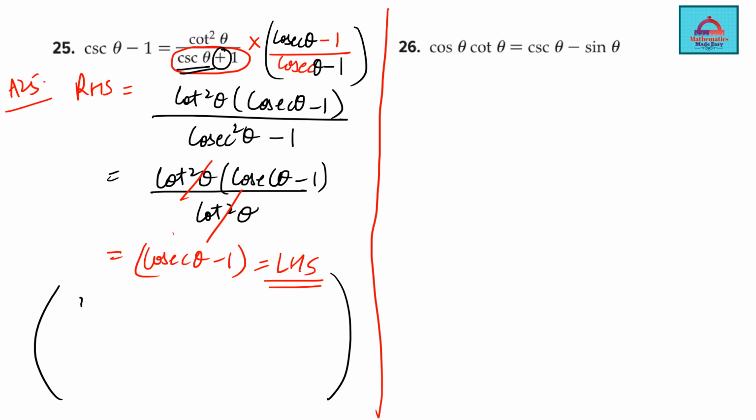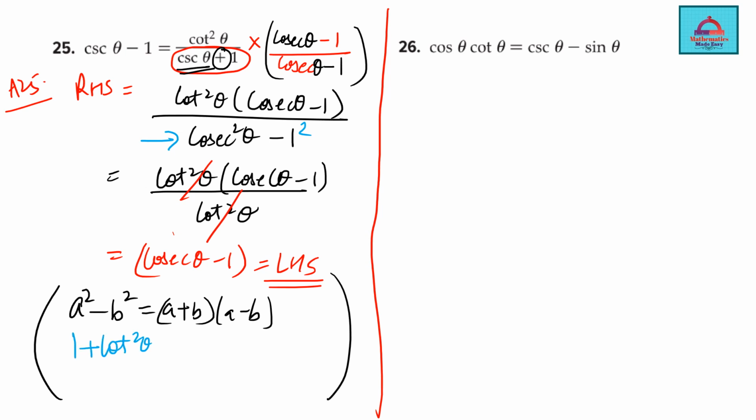The first identity I use is difference of squares, which I use in the denominator here. And then I also use the Pythagorean identity, 1 plus cot square theta is equal to cosecant square theta, which I use at this step. So I used cosecant square theta minus 1 equal to cot square theta. Yeah, that completes question 25.